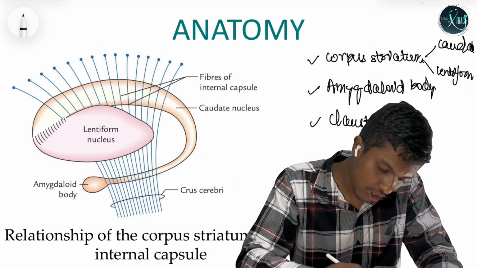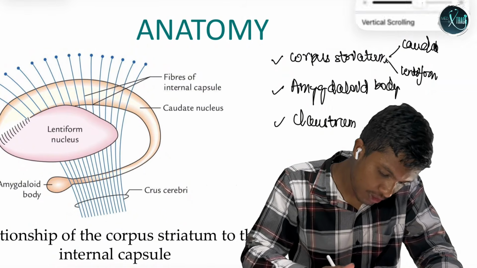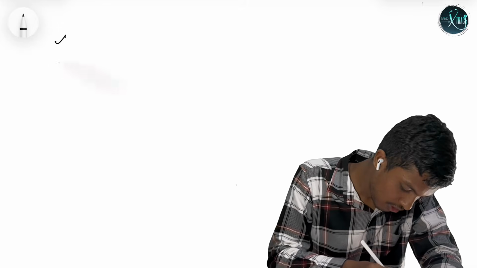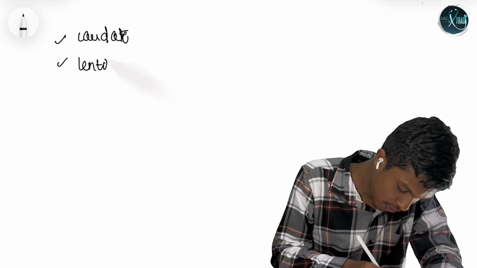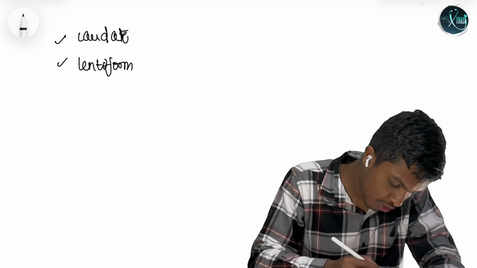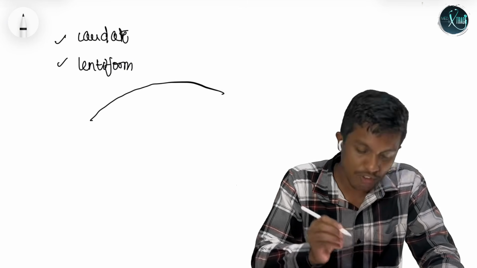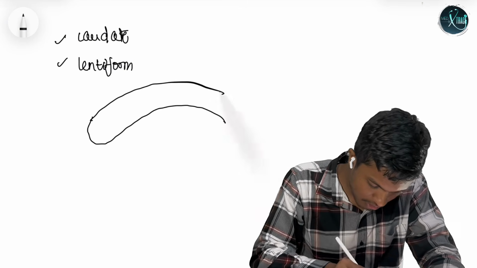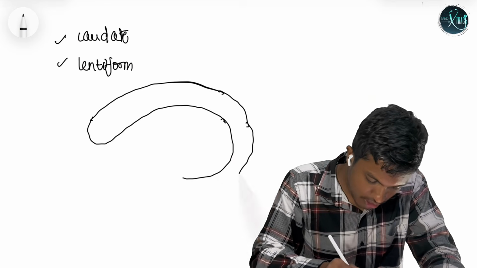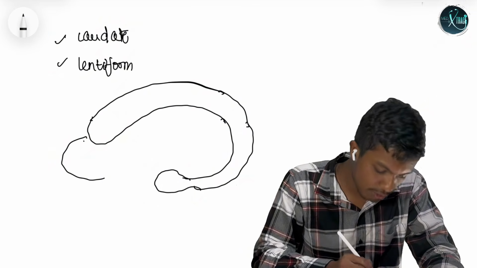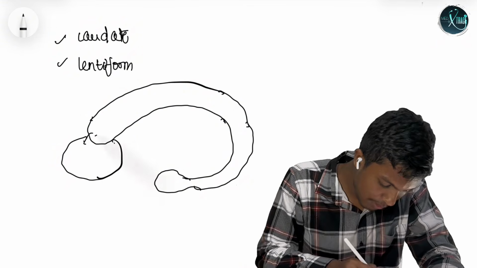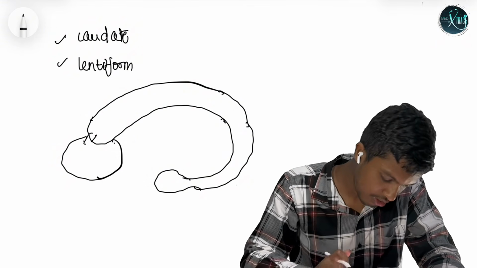The caudate nucleus is a comma-shaped collection of gray matter which ends at its tail with the amygdaloid body, while anteriorly it is connected with the lentiform nucleus by a thin band of gray fibers.